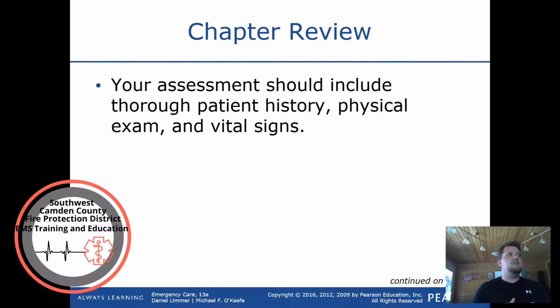Your assessment should include a thorough patient history, a physical exam, and vital signs. Again, we don't necessarily need to know the exact cause, but we want to know as much as we can about that problem, and how we can fix that problem.